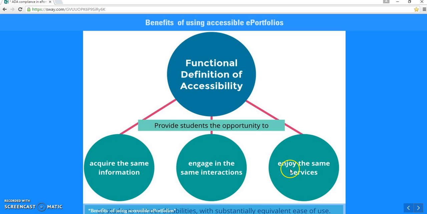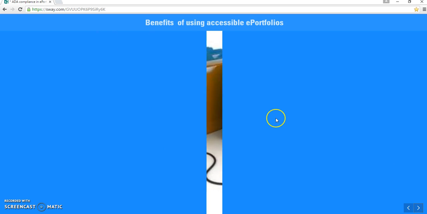Students will be able to enjoy the same services, and not just students, anybody in general. If you're putting something on the web, you have no control over who's looking at your content. So it's a wonderful way to provide accessibility to everyone.